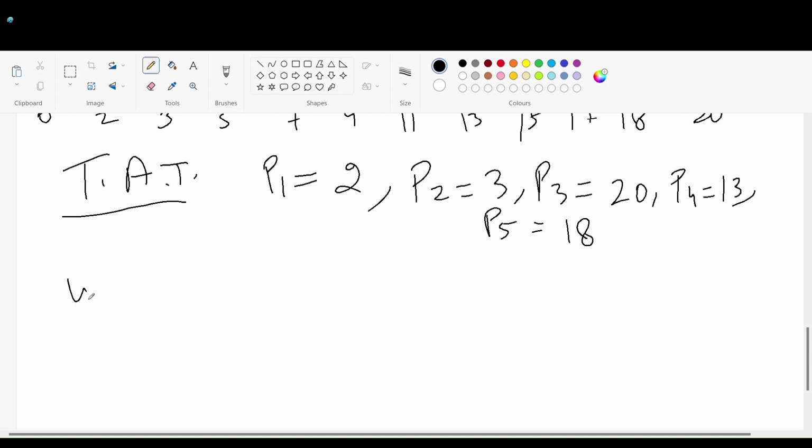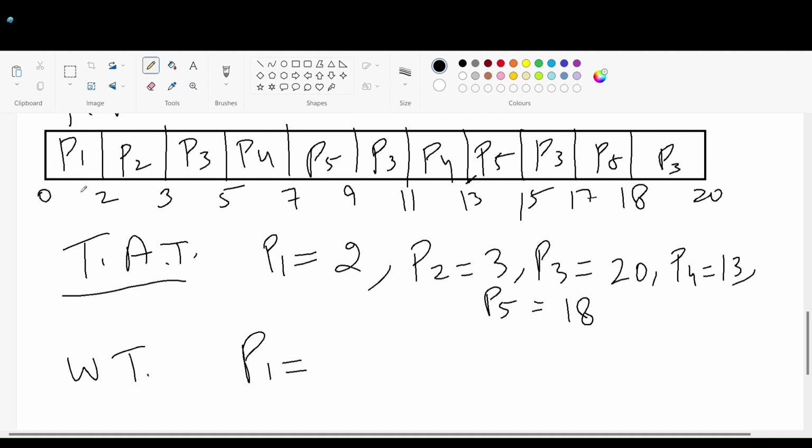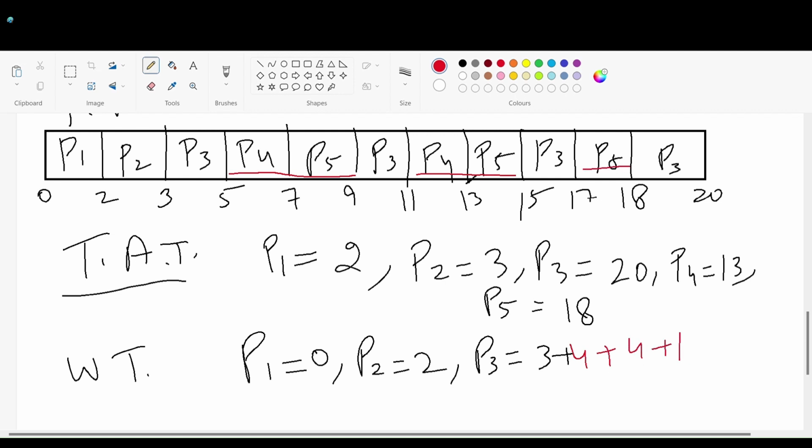Okay, now waiting time. P1 waiting time is 0, okay, P2 waiting time is 2, okay, P3 waiting time is 3, but it is not finished yet. So P3 waits from 5 to 9, also 4, and 11 to 15, also 4, and 17 to 18, also 1, okay.